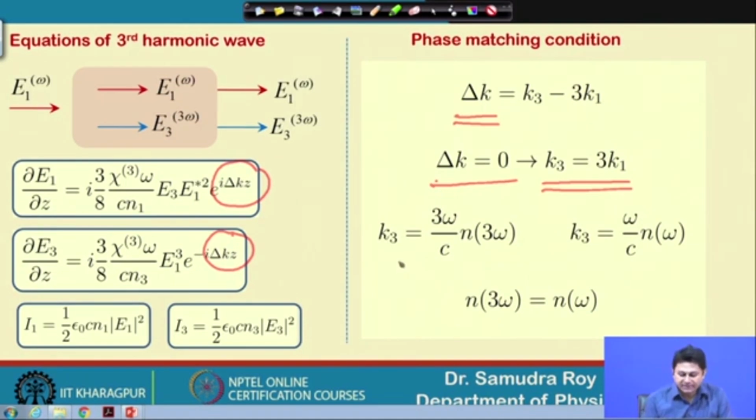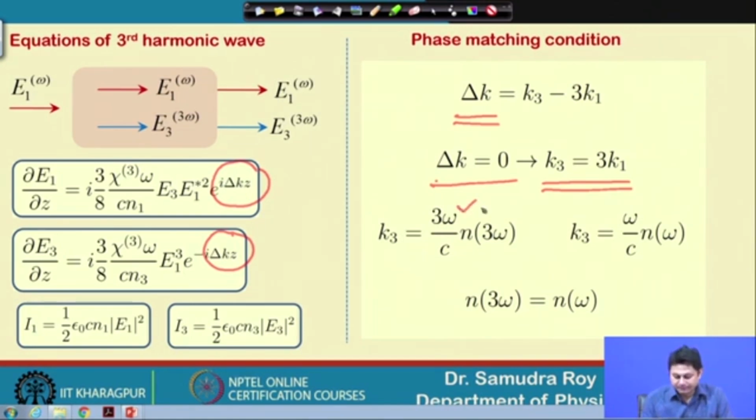So, if I write k3, it should be 3 omega divided by c multiplied by n at 3 omega, because the third harmonic wave has a frequency of 3 omega, so we write 3 omega in this place.